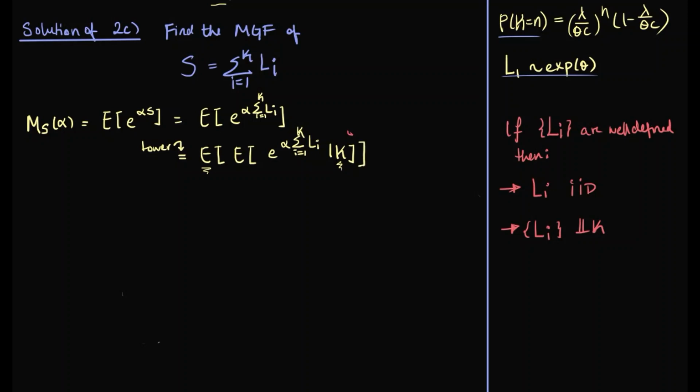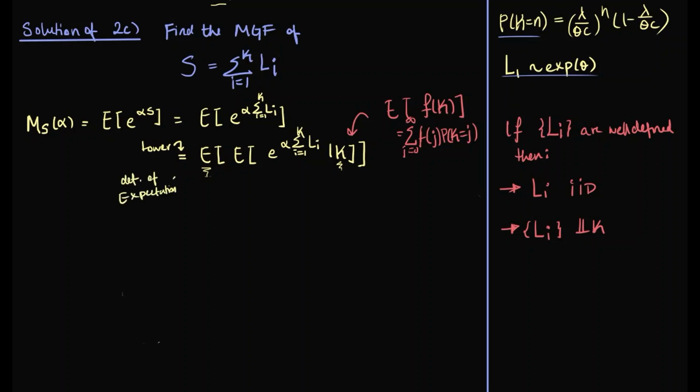If we look at this expression, the outer expectation is in fact just an expectation of something that's a function of K. We know that K is a discrete random variable taking values 0, 1, 2, 3, 4, and so on. So in order to find this expectation, you may just sum up over all the different values that this function takes and multiply by the probability that K will take exactly that value.